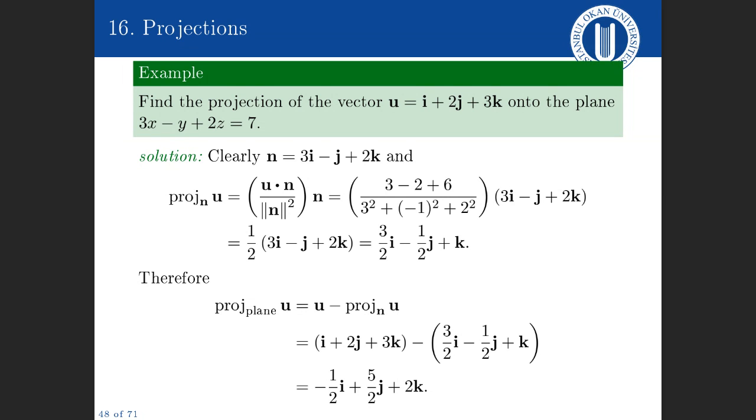We can calculate the projection of u onto the normal vector. Please check that it's 3 over 2 i minus 1 over 2 j plus k. And then the answer to this question is going to be u minus that vector. So again, please check it.